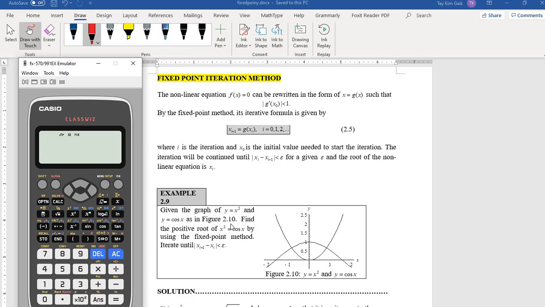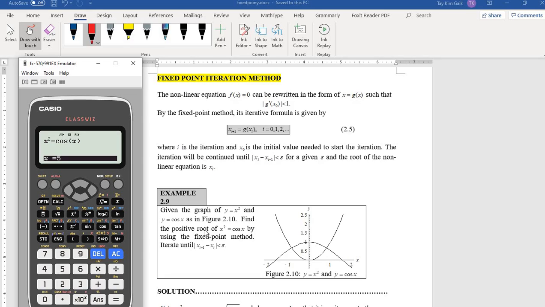So we input the nonlinear equation x squared = cos x: alpha x squared, minus cos alpha x, to make it f(x) = 0. So we have x squared minus cos x. Then I'm going to solve this one. Solve is on top of the button, so you need to press the shift button.